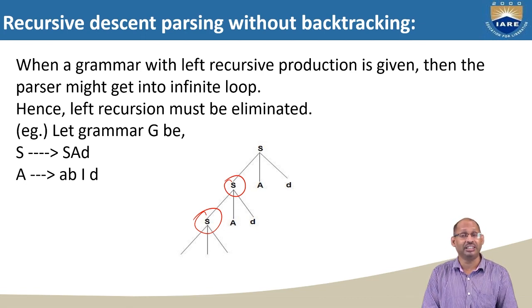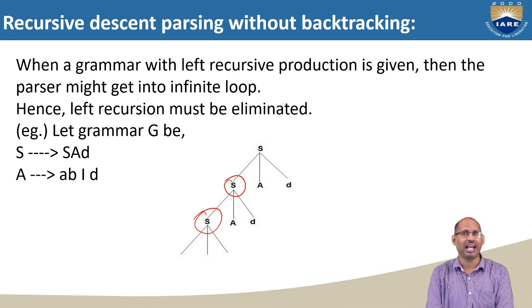But it does not result in a mismatch, so we keep on selecting the first one. So it gives an infinite loop and it never ends. So to apply this top-down parsing method, another disadvantage is left recursion; we must eliminate the left recursion to use this top-down parsing method more efficiently.